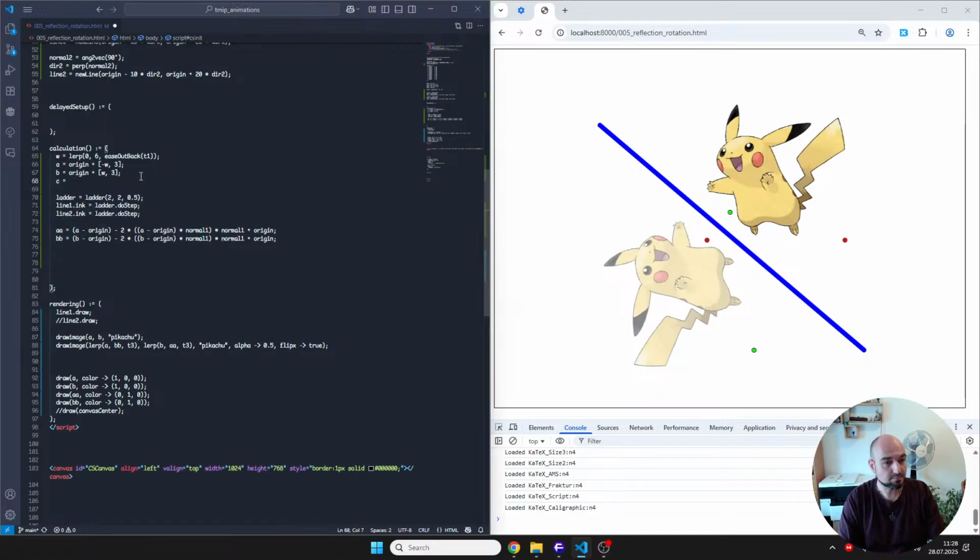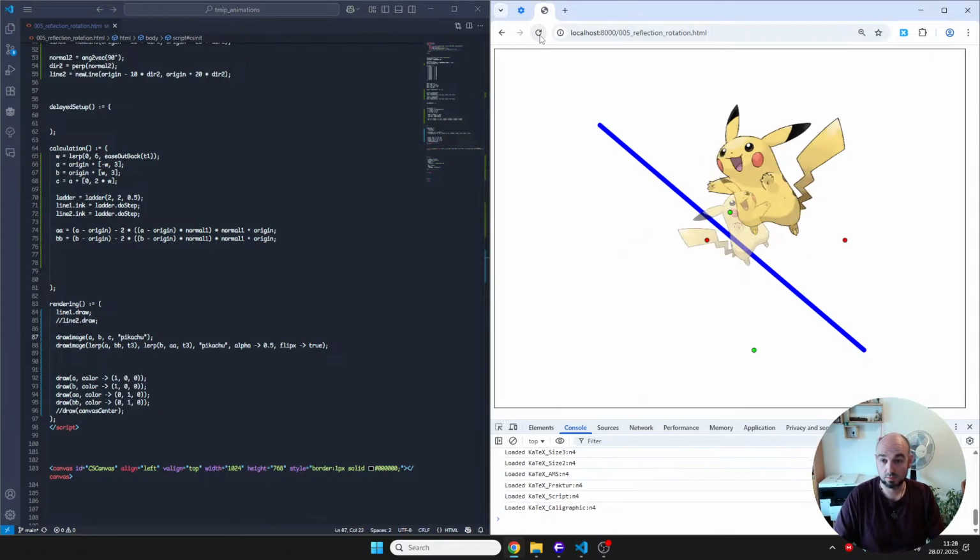Maybe it won't work. So origin plus, let's see what happens if we use a third anchor point. So C is above A, and should be something like this, and then we can have, so the original Pikachu is drawn the same way with our 3 anchor points.